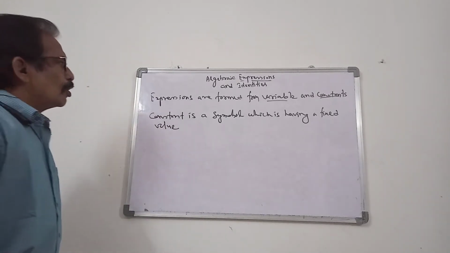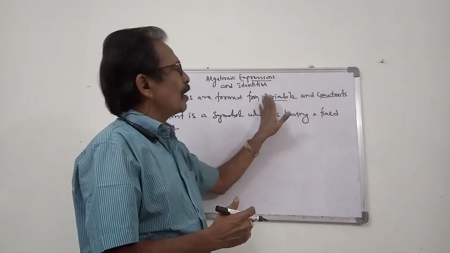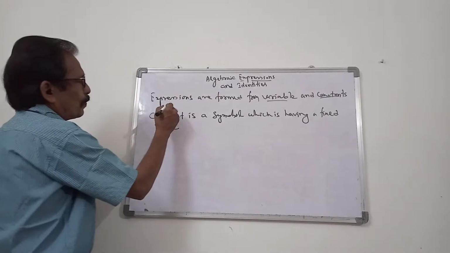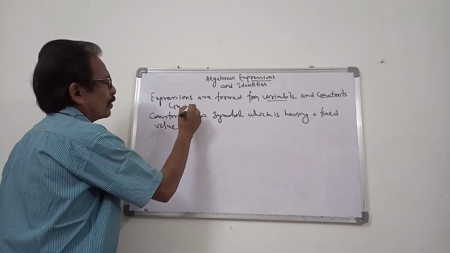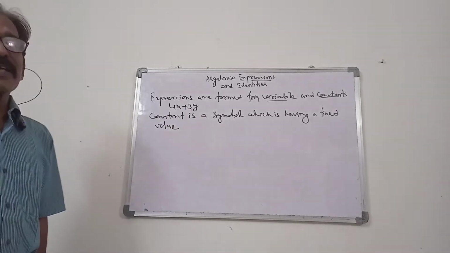So expressions are formed from variables and constants. Here we can write an example: suppose 4x plus 3y. It is an expression.